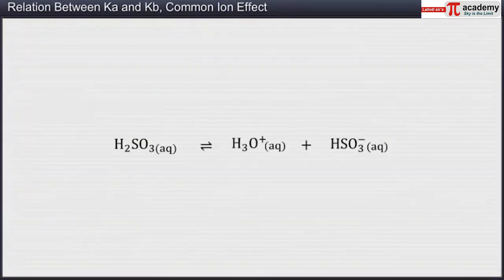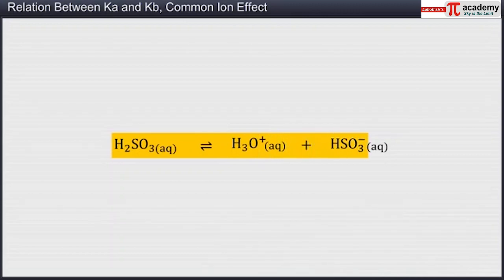Consider the ionization of a dibasic acid, sulfurous acid, in water. Its ionization can be represented in the form of an equation as H2SO3 aqueous in equilibrium with H3O plus aqueous and HSO3 minus aqueous.